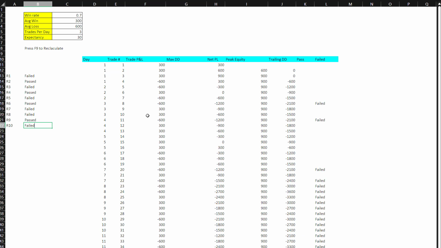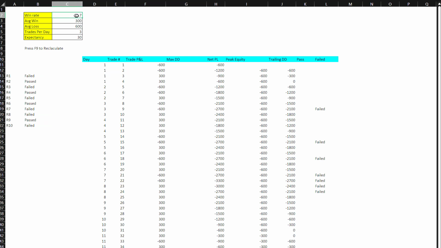You failed. So out of 10 runs, you passed 4 times. That's 40%. If you did this 10 times, you would expect to pass 4 times. So it's about a 50-50 chance of passing on any one go.